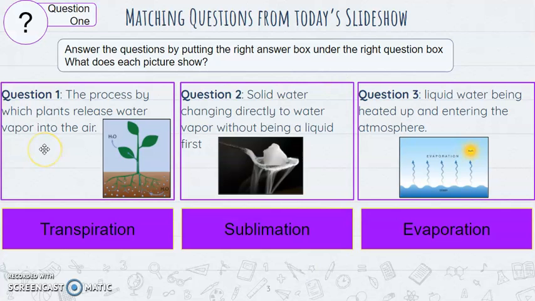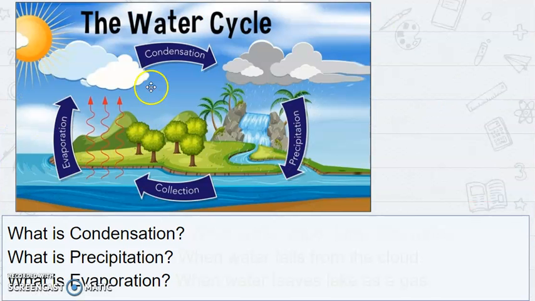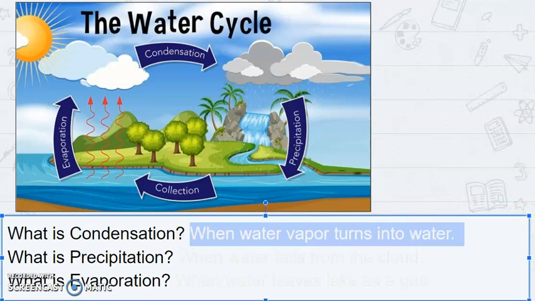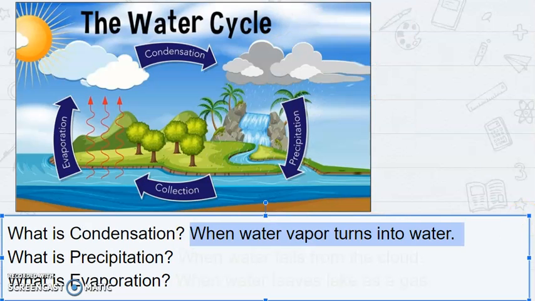Let's go on to our next learning experience. This is the water cycle. What is condensation? Condensation is when water vapor in the air condenses to form clouds. You see that right there. What is precipitation?